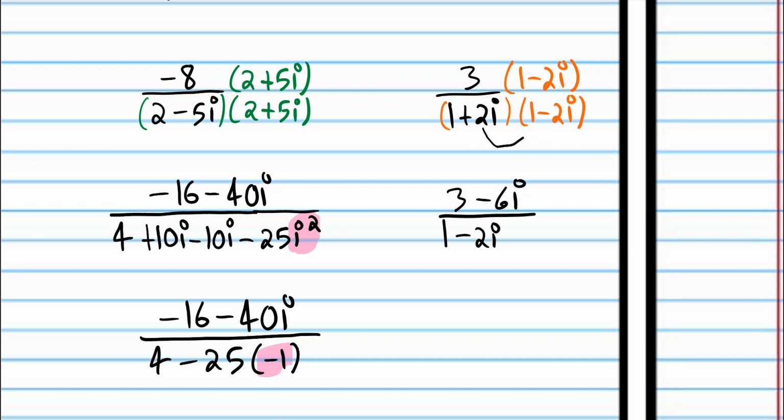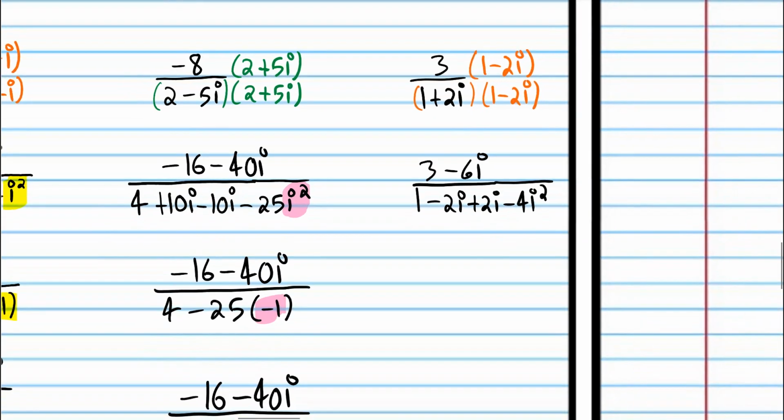And 2i times 1 is 2i. And 2i times negative 2i is negative 4i squared. And these inner terms cancel out. And i squared is negative 1.